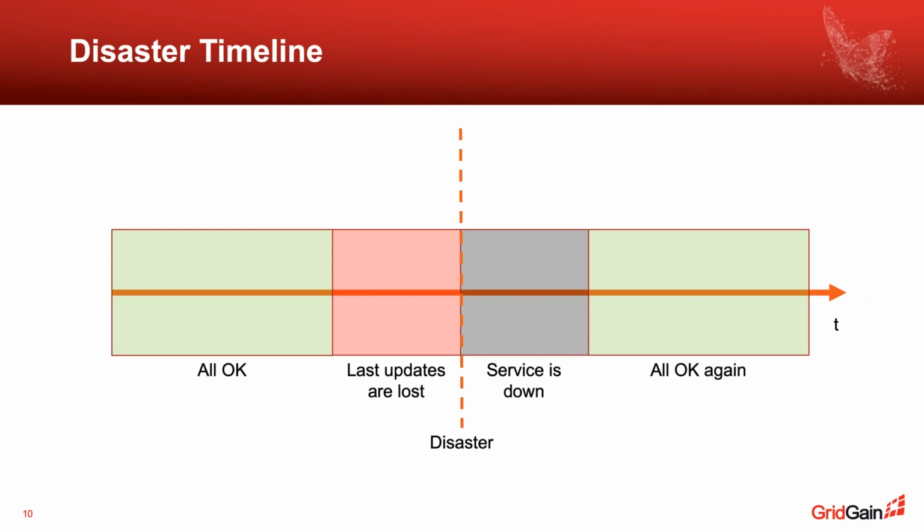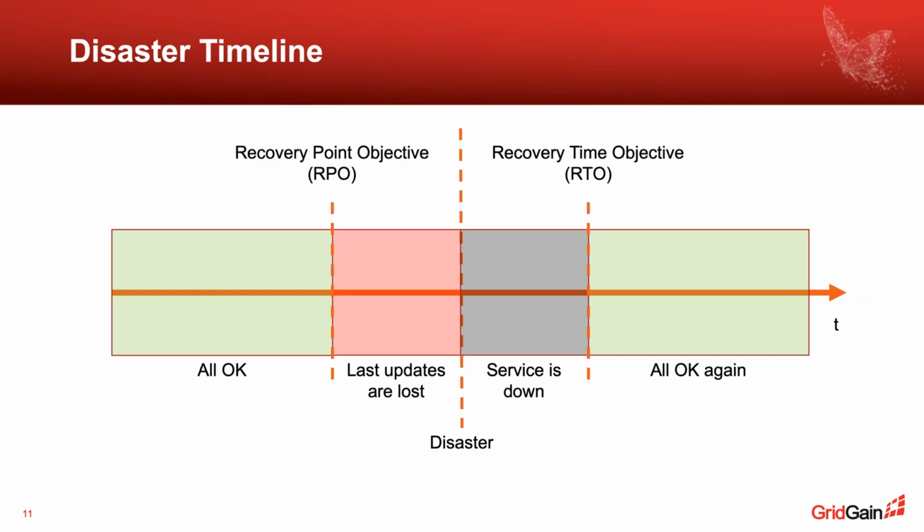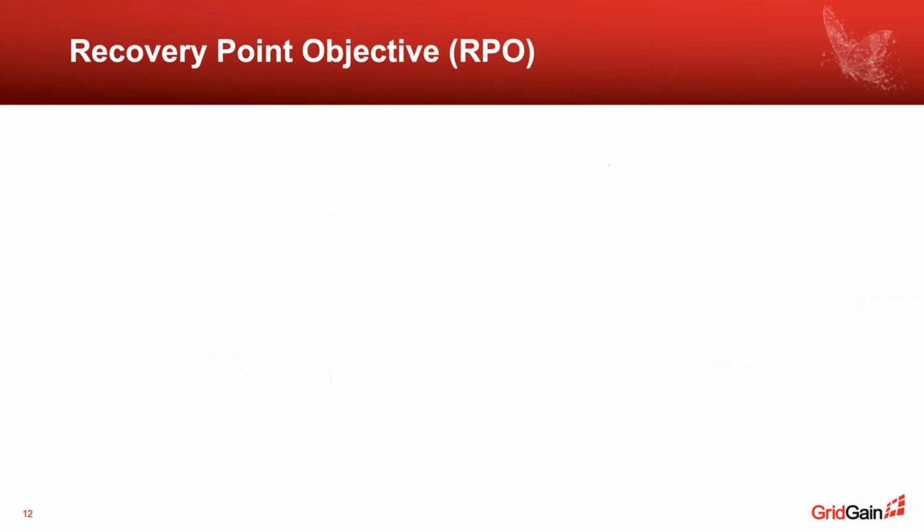And these two time spans define our two key parameters, which are called recovery point objective, or RPO, and recovery time objective, or RTO. So these two parameters will be the key to define the quality of our solution. Let's talk about them in a bit more detail.